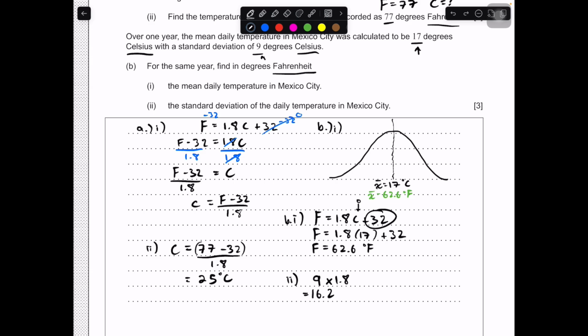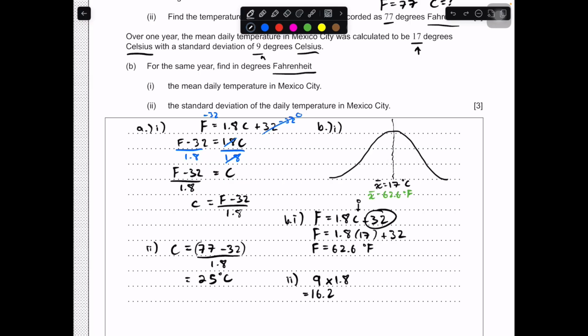So we would multiply it by this 1.8, but we wouldn't suddenly create, going back to the idea of a standard deviation of 0, this 32 out of nothing.